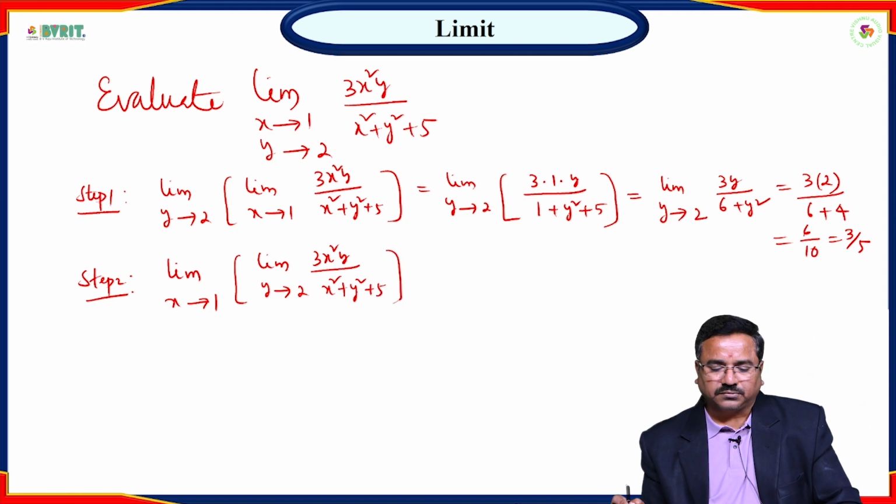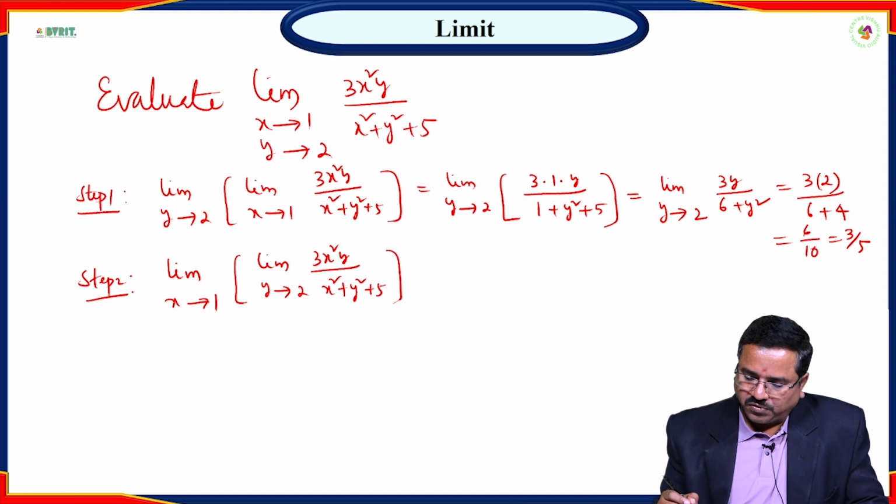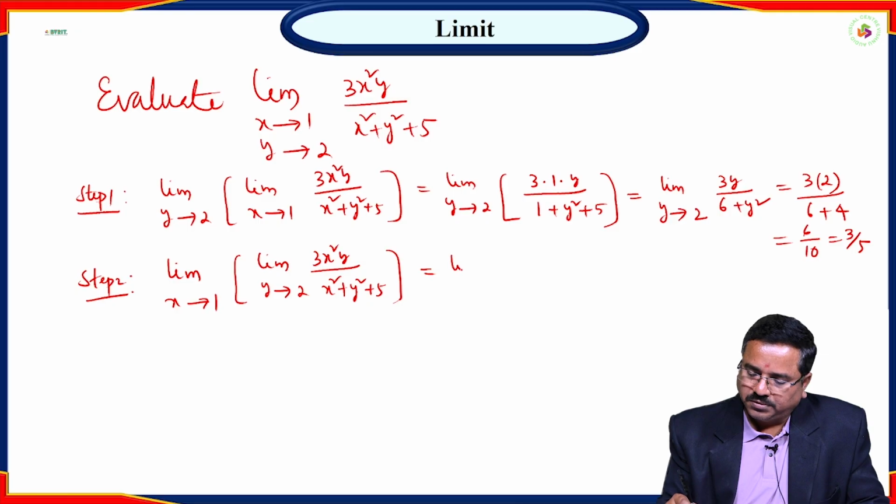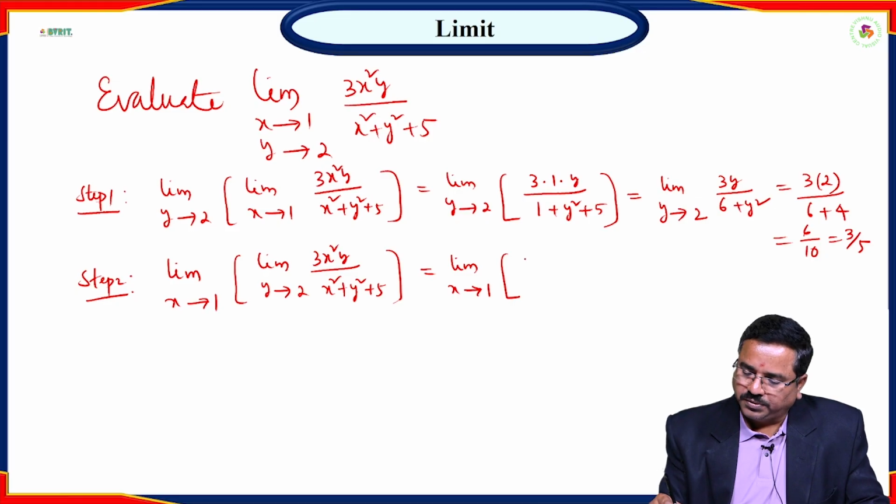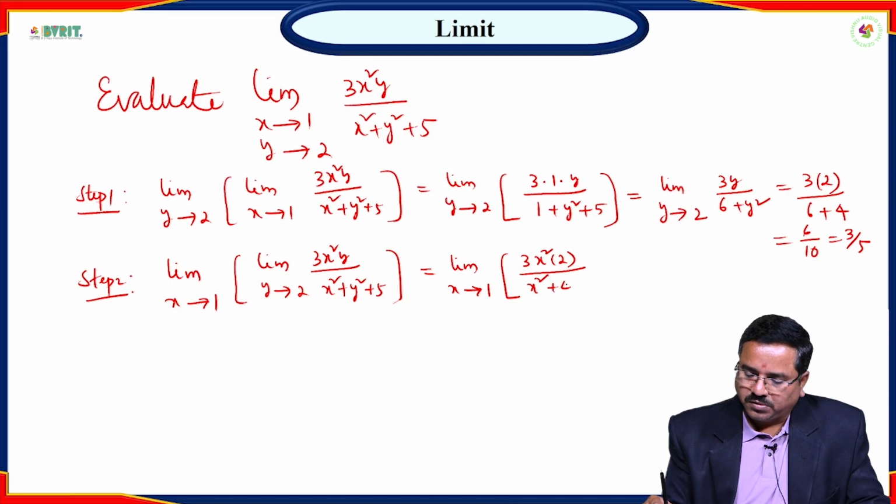First substitute y is equal to 2 here. Limit x tends to 1 of 3x square times 2 by x square plus 4 plus 5.